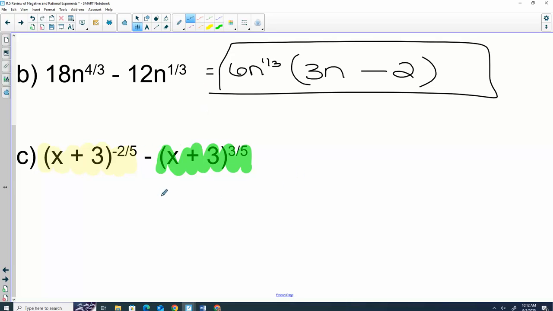They both have the x plus 3, so I'm going to factor out that entire parenthesis. You take out the smaller exponent. What's smaller, -2/5 or +3/5? When I take that out, you can think of it as dividing. What happens if you take something and divide it by itself? Cancels out and leaves a 1.